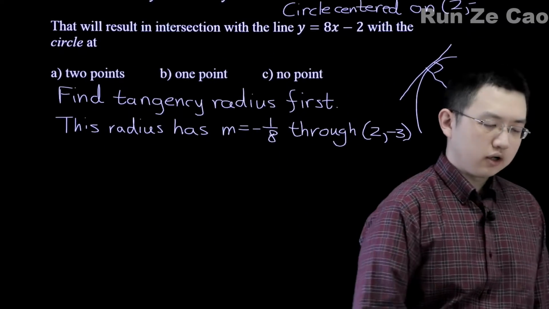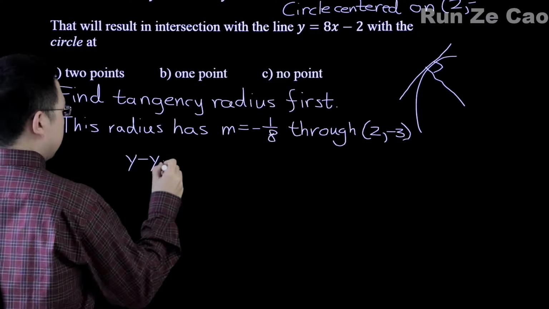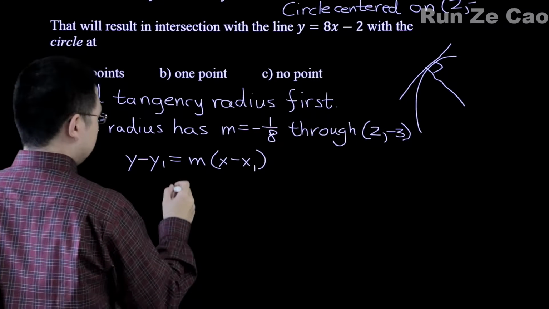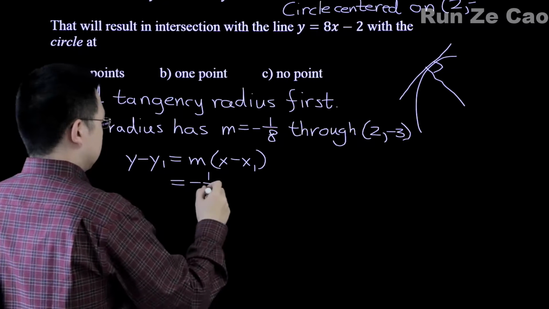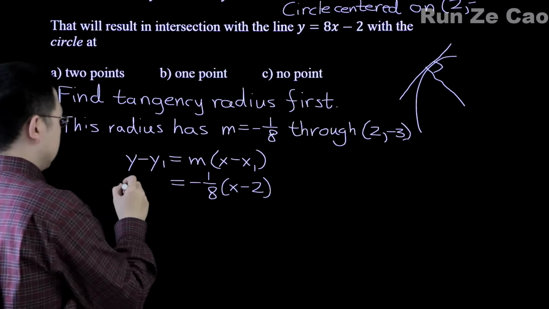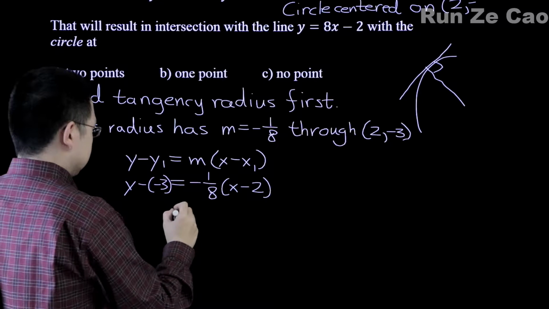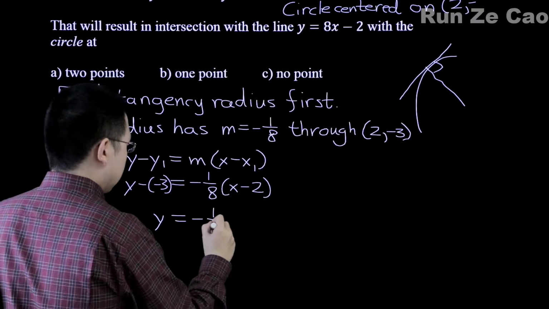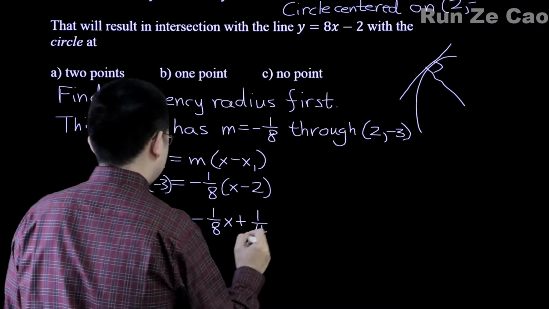Do we remember how to do point slope form? It was y minus y1 equals m times x minus x1. So -1/8 times x minus 2 and y minus -3. So y is equal to -1/8 x plus 1/4.